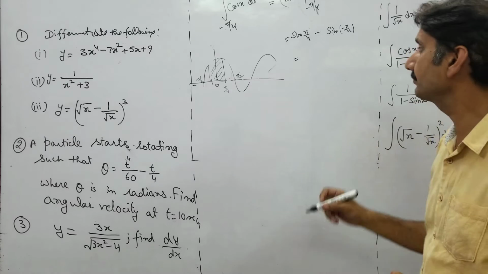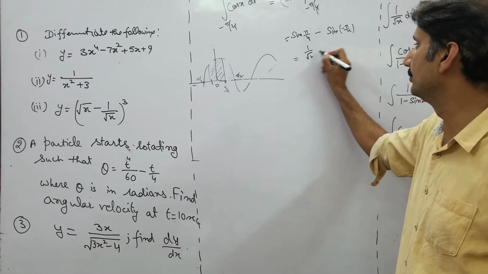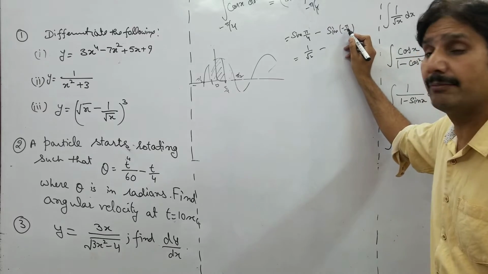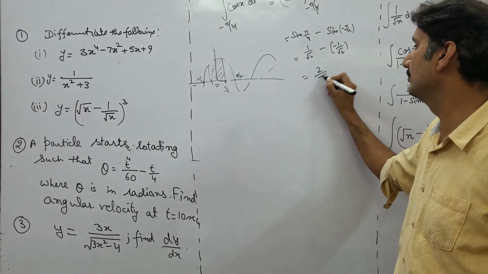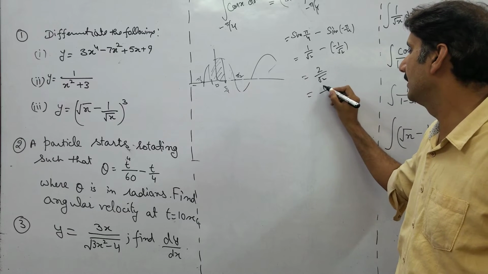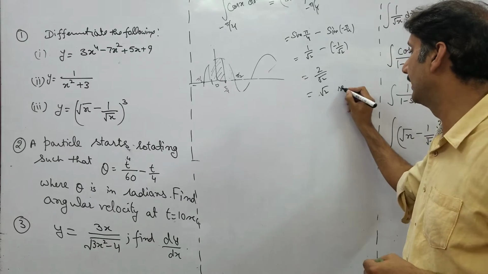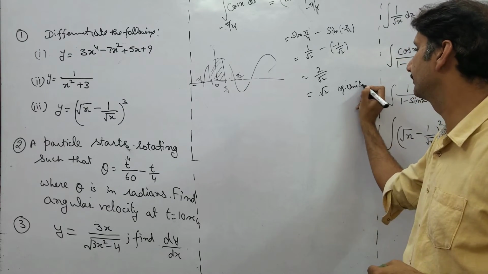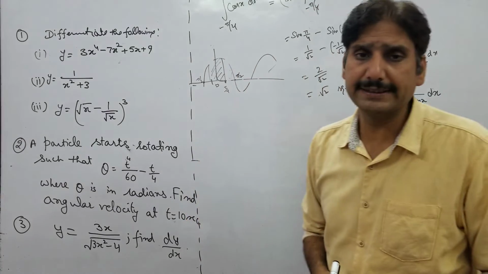Solve it out. Sine pi by 4, that is sine 45, is 1 by root 2 minus sine minus pi by 4 is minus 1 by root 2. That becomes 2 by root 2. That becomes root 2. Since it's an area, we should write down square units. So this is how a definite integral question is proceeded.